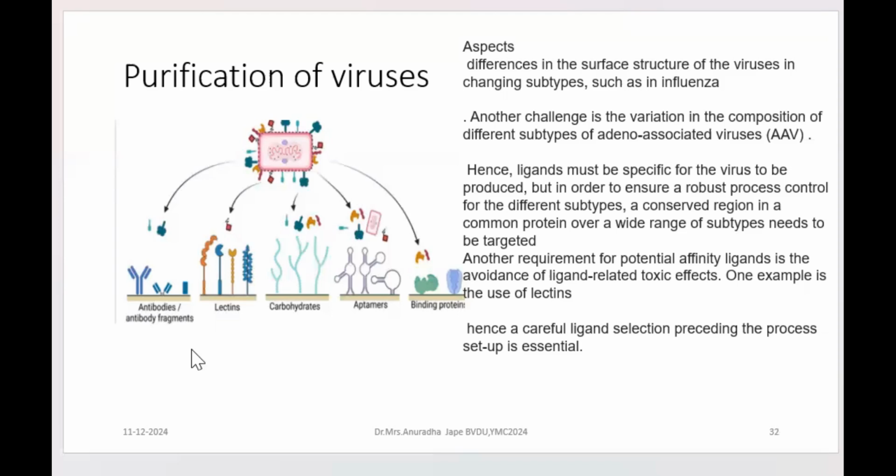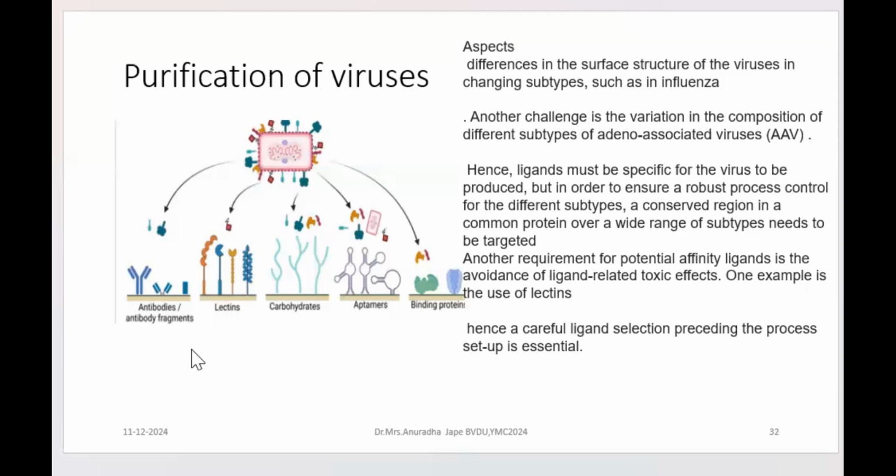Another challenge when we talk about virus purification is that the composition of different subtypes is going to vary, like in the case of adenoviruses or adeno-associated viruses, an example which is known to you. So you have to choose a very specific ligand which should selectively react with the virus and its strain subtype of your interest.